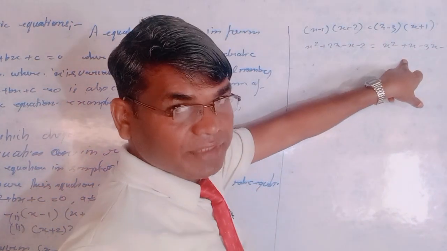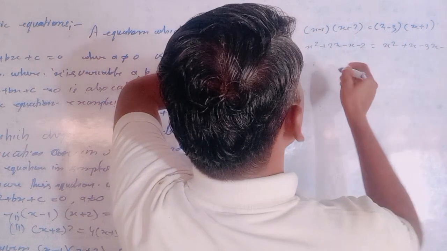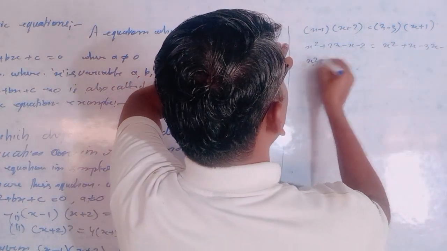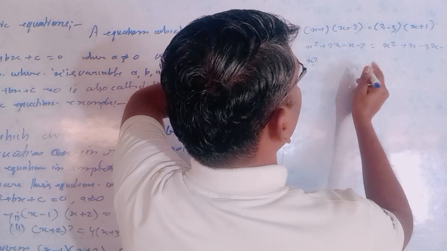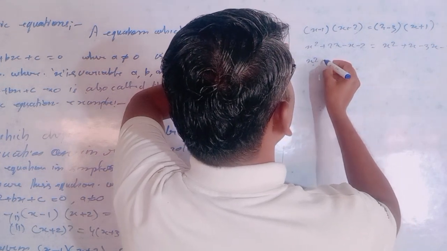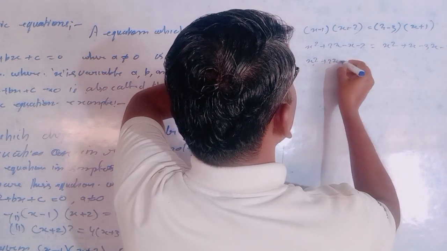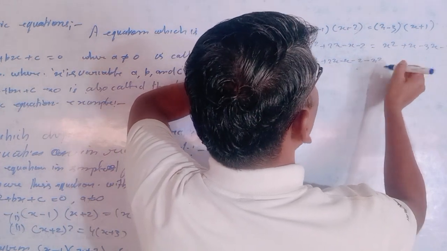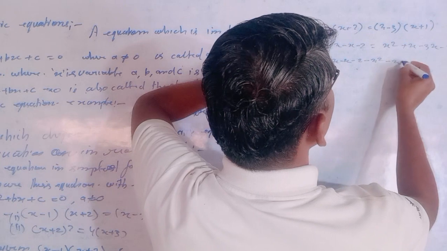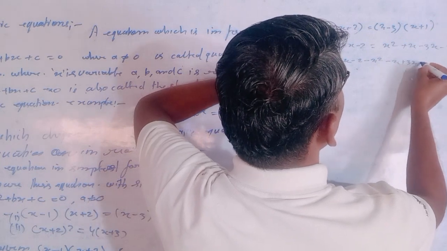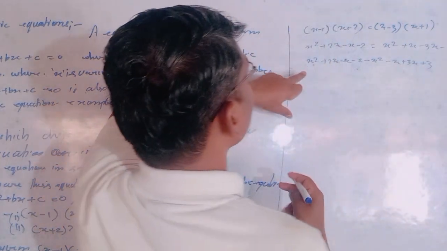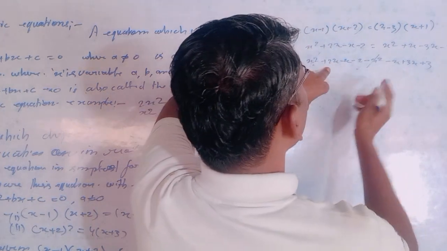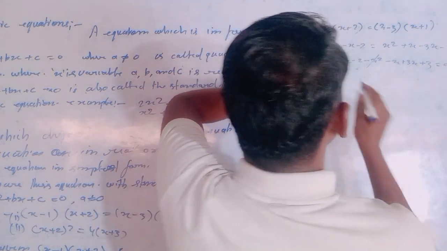Got it? We have written that. Now further, transpose these terms: x square plus 2x minus x minus 2 minus x square minus x plus 3x plus 3 is equal to 0. So x square and x square cancel out.